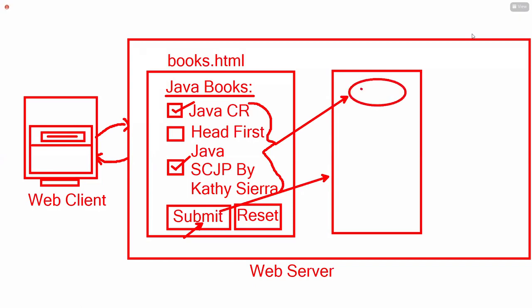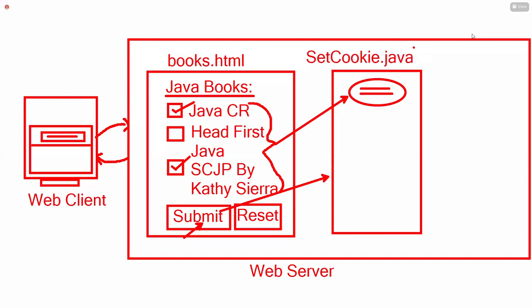Now, what are the books you selected? Those are all received. Two books selected, received. This is a servlet program. Suppose this is SetCookie.java, a server program, a servlet program. SetCookie.java is the servlet program name.